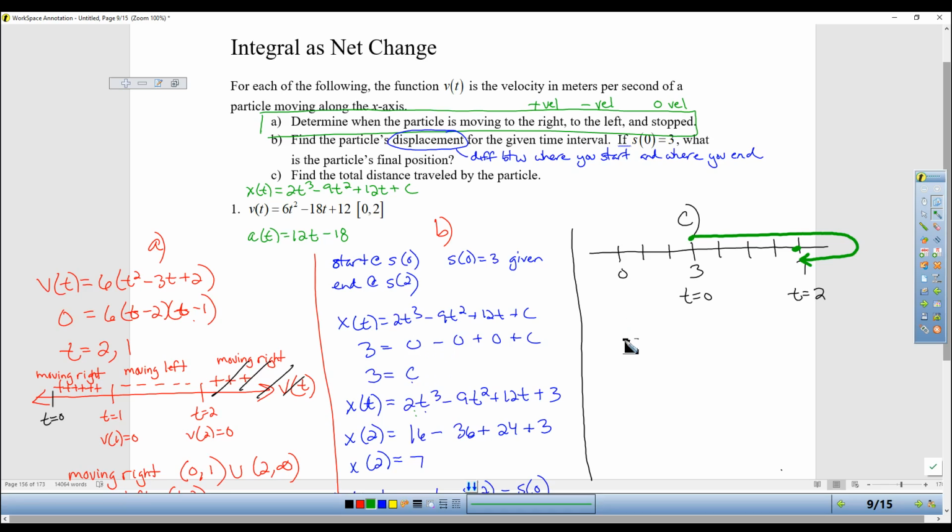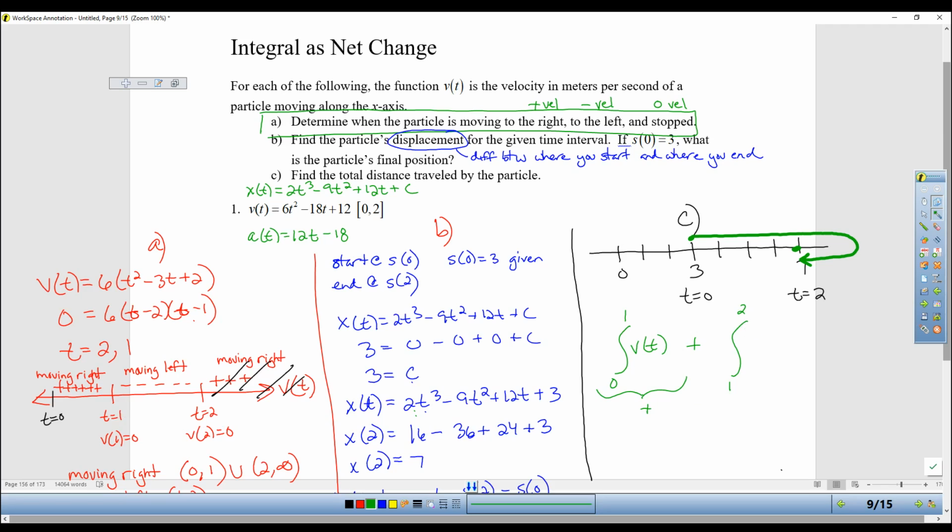And how can we figure that out? Integration. Integration of velocity from 0 to that 1 second mark, because that's the whole time it was moving right. This answer should come out positive. And then we want to know what it was doing from the 1 second to the 2 second. I know it was moving to the left.